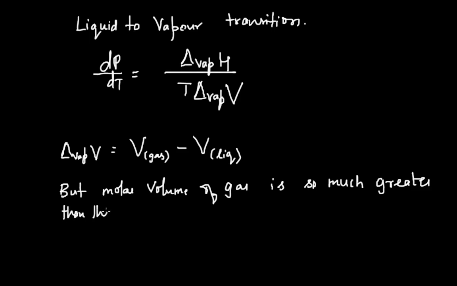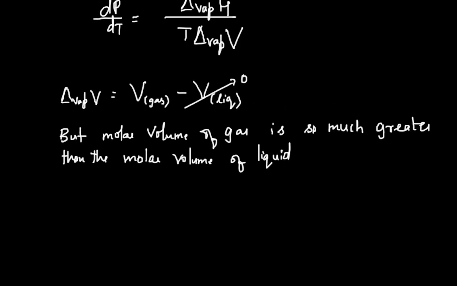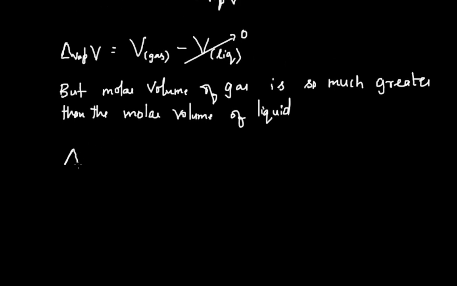This is true, right? Gas occupies more volume than liquid. Therefore, I can make the liquid volume negligible, and put the entire delta V vaporization in terms of V gas, that is the molar volume of gas.